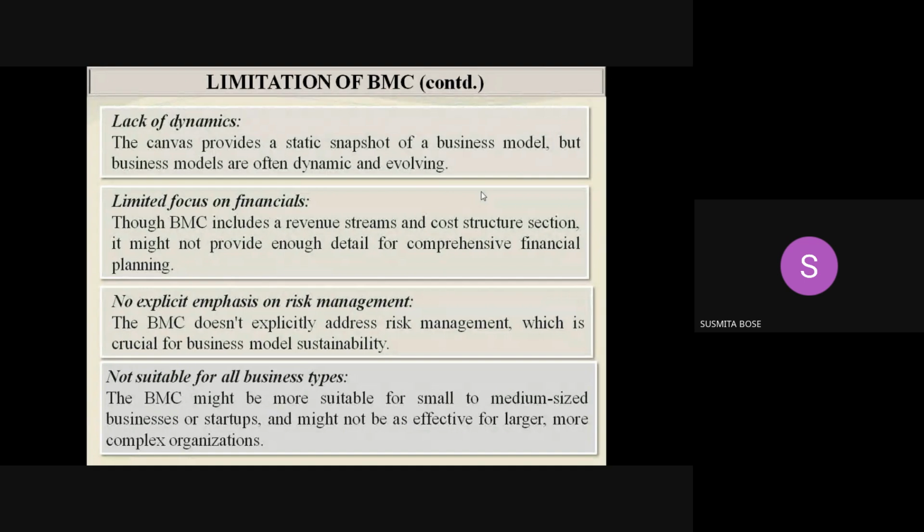Though BMC includes a revenue streams and cost structure section, it might not provide enough detail for comprehensive financial planning. The BMC does not explicitly address risk management, which is crucial for business model sustainability.